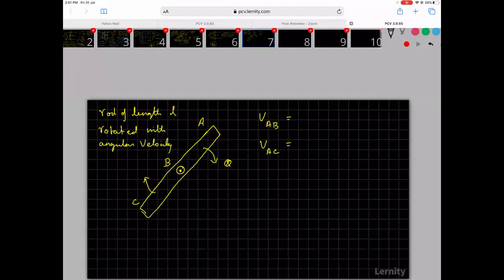A rod of length L is rotated with angular velocity omega. What is VAB equal to and what is VAC equal to?